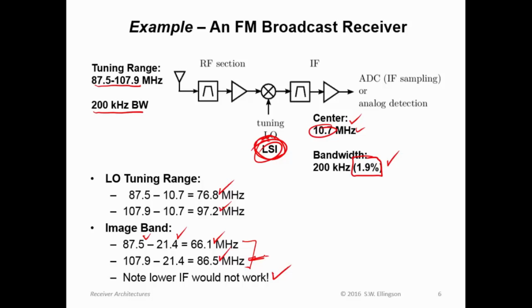And we know that there's no way that we can eliminate an image after frequency conversion. So because 10.7 is the lowest frequency which is practical for a single conversion superhet for FM broadcast applications, and because FM broadcast is so common, 10.7 megahertz is a very common IF frequency for all applications.